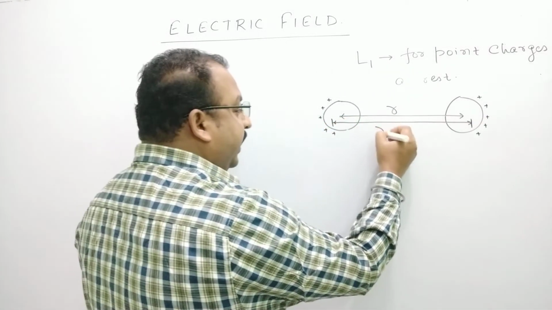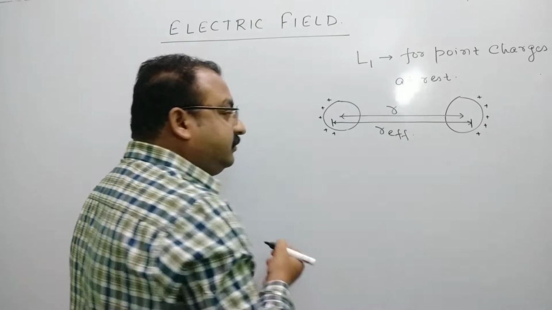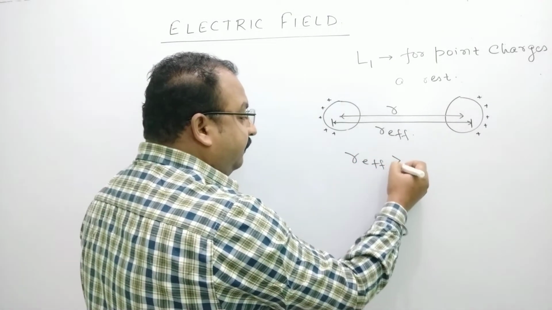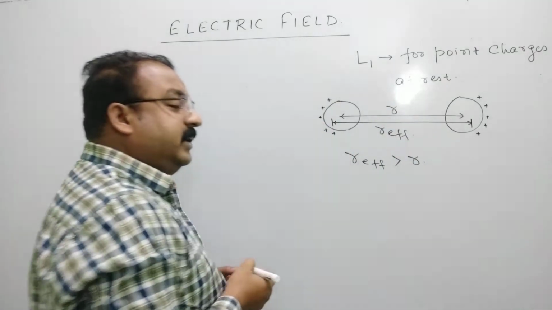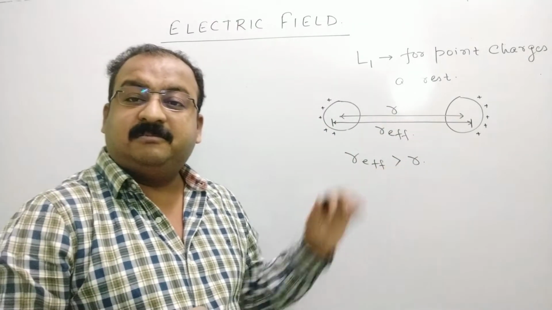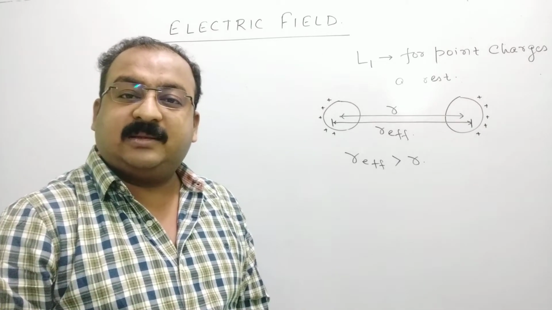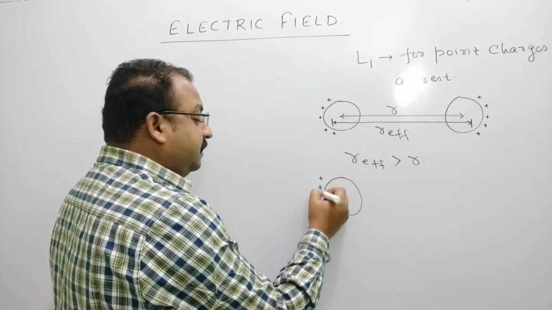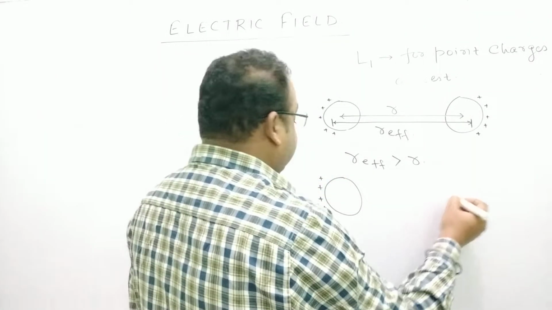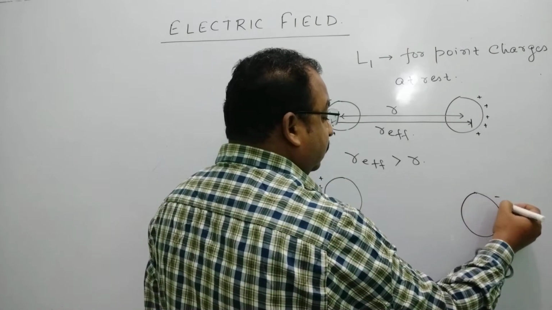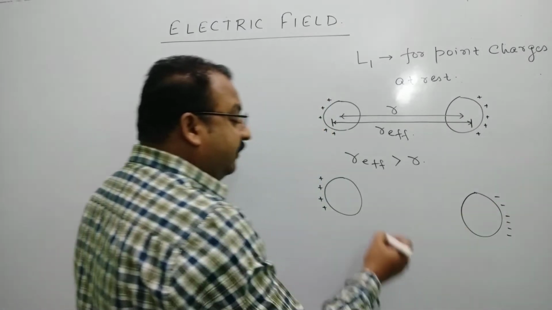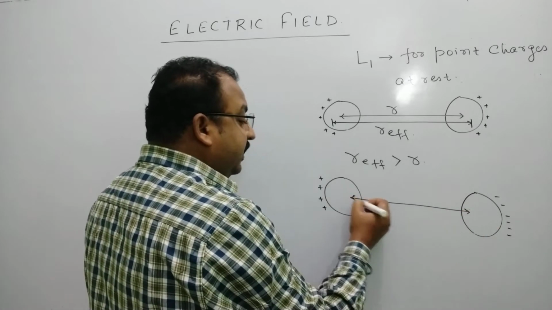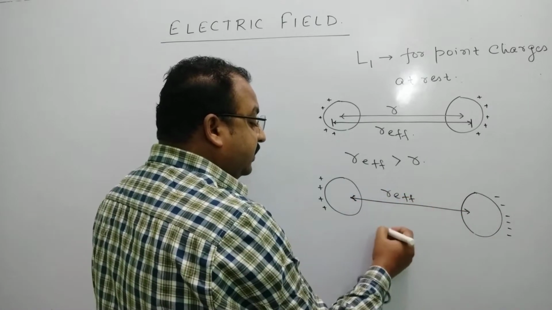This is the R effective over here, and this R effective is greater than the actual distance between the bodies. If we consider the opposite nature of charges, obviously the relative distance between the centers will decrease.